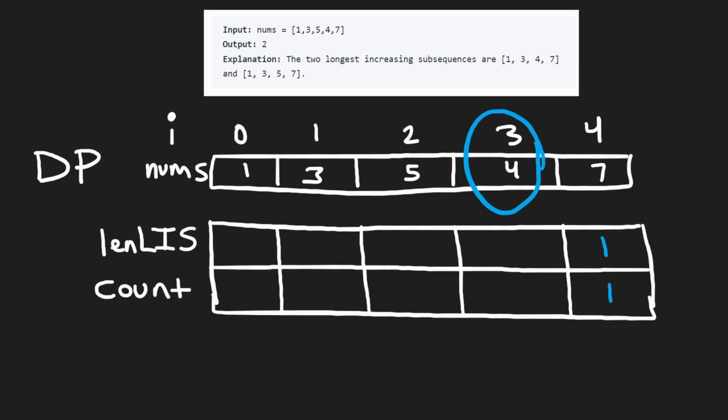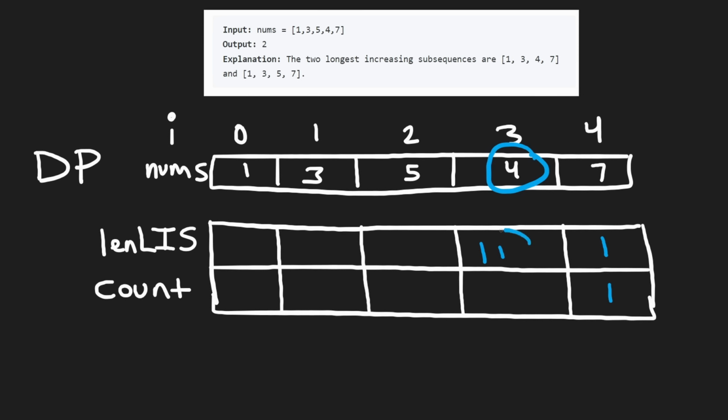So what about over here? Well, in this case, there is a value that comes after it. There's exactly one value. Now, the only thing we really have to check here is, is the value greater than it? 7, yes, is greater than 4. So therefore, if we do include these 2 values together as a subsequence, this is in increasing order. Therefore, we can say the length of this is 1 plus the LIS starting at index 4, which we know is length 1.